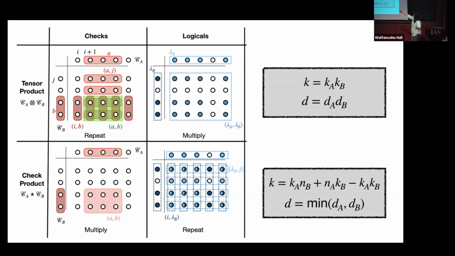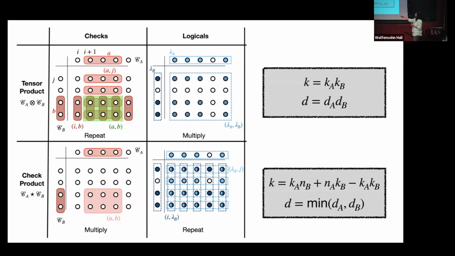This tells you that if you had a logical acted on by the first code and the second one, this is how you compose them to get a combined logical. And for this combined classical code, the distance is dA times dB, and the K is Ka times Kb, because you take a logical of the classical code, take another one for B, and multiply them together to get a logical for the combined code.